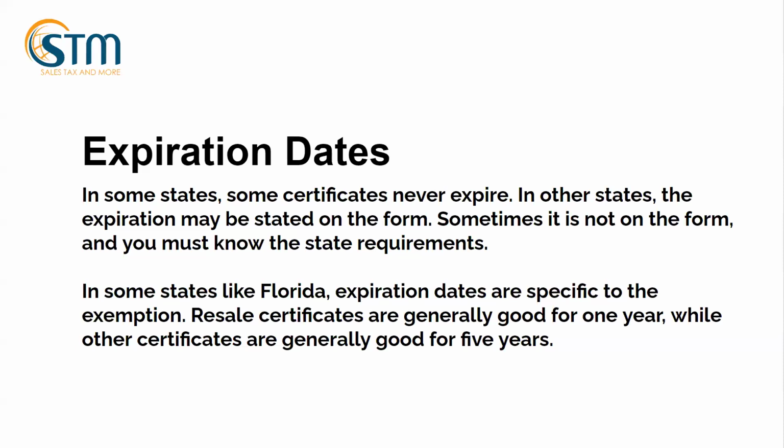We had a company that changed states. They moved from Texas to Oklahoma, and they still had the Texas certificate on file. They changed names, they changed ownership, they changed entity types. It was just a whole bunch of different things that would have invalidated that certificate.